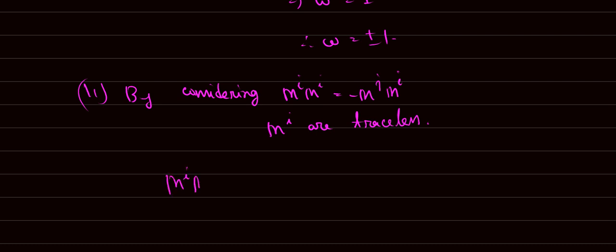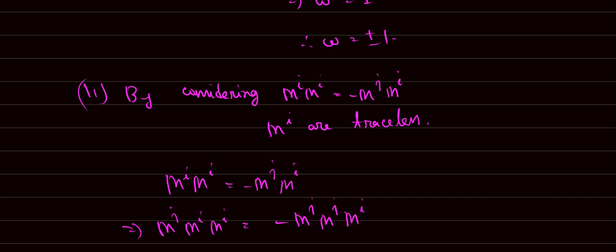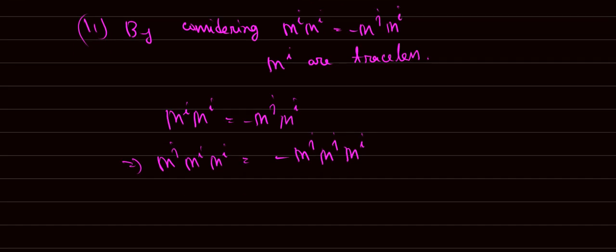So let's say M_i, M_j, M_i. If we apply another M_i in front of them, they look like this. So from the relation, M_j into M_j is basically the identity matrix, so this gives us M_i.